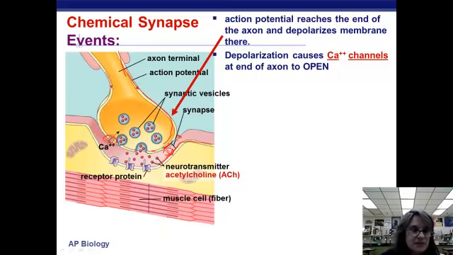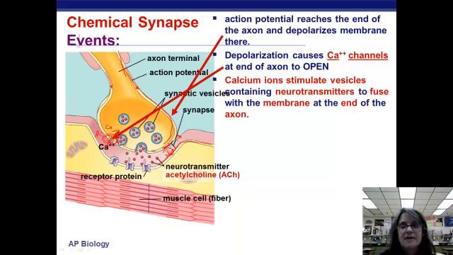And the depolarization, the impulse, will cause these calcium channels to open. Now, there is more calcium out here in the synapse than there is in the neuron. Don't ask me why, it just is a fact. So guess what diffusion will do? There's a high concentration of calcium, a low concentration of calcium. We open the channel, and calcium flows in with its concentration gradient.